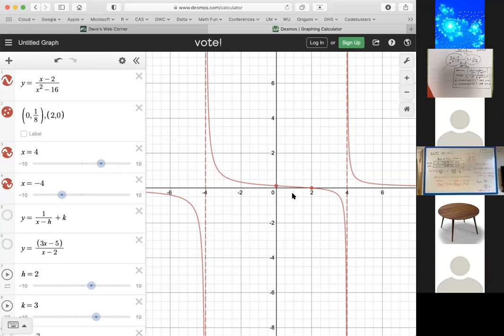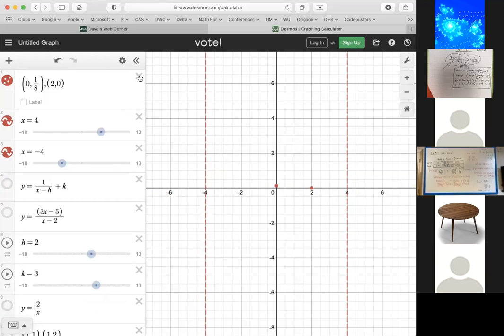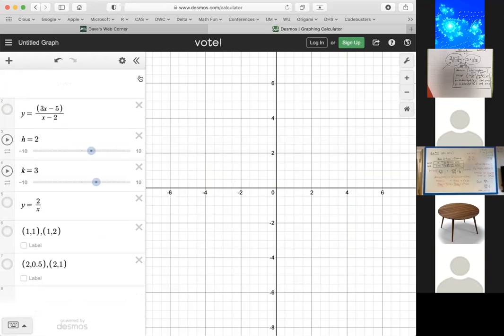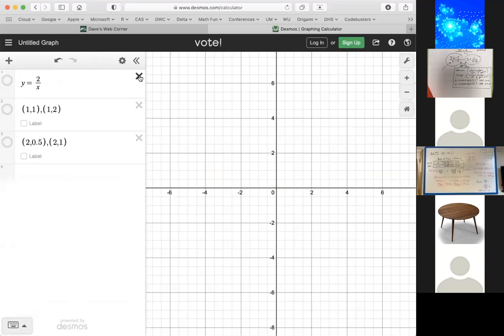Now let's go back. I'm going to dump all this, but let's go back to the bus driver problem. And you say, what does this have to do with the graph? Let me just get rid of all this. And you can do your own experiment in Desmos, right?